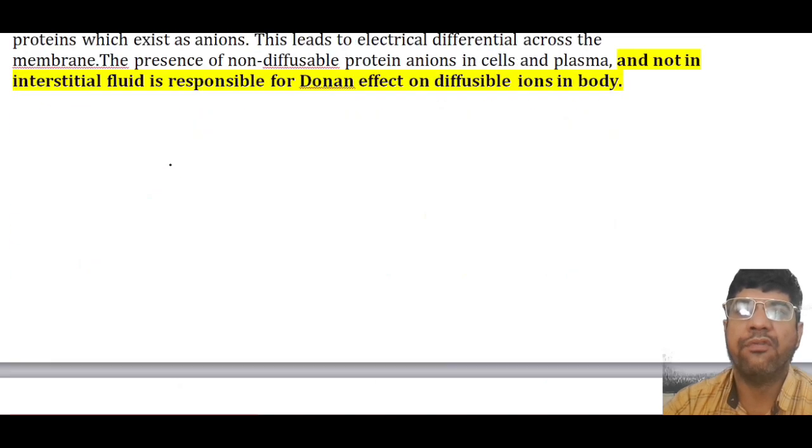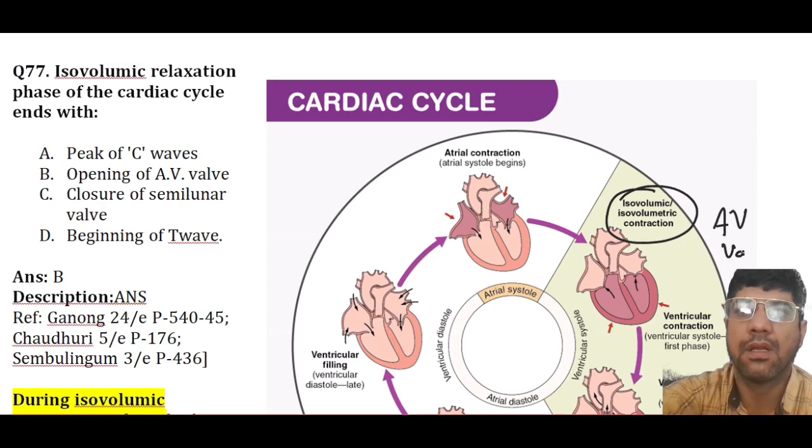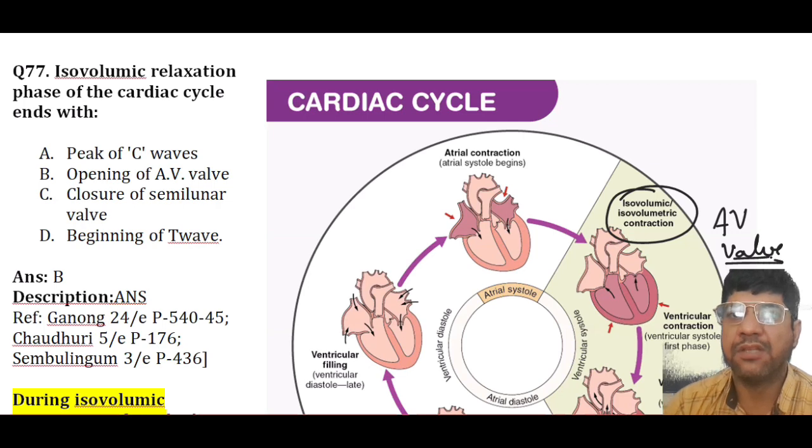The isovolumic relaxation phase of the cardiac cycle ends with the opening of the AV valve. Isovolumic relaxation is also known as isovolumetric ventricular relaxation.